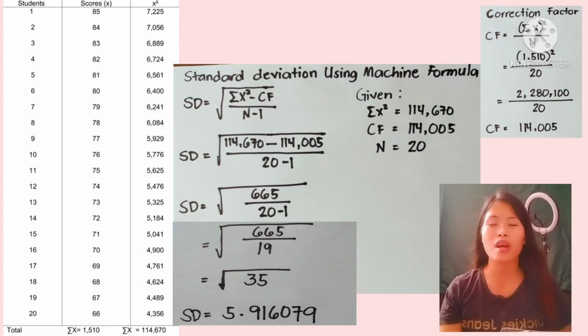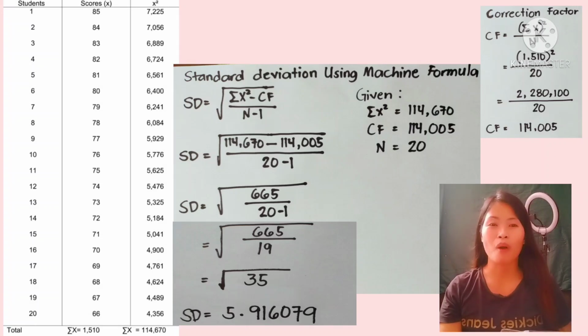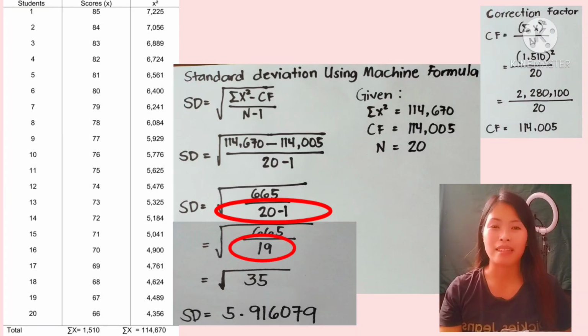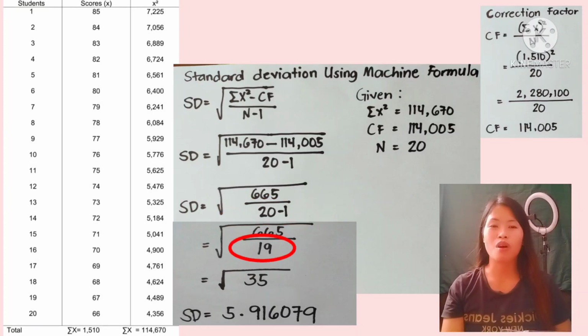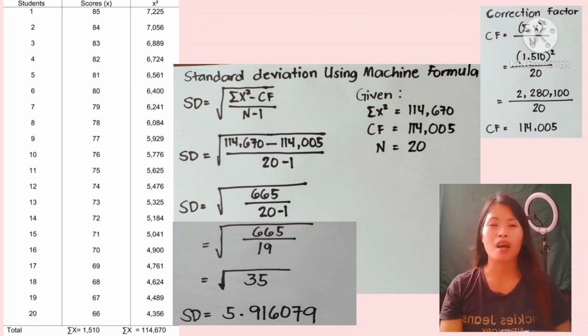So now we have the square root of 665 divided by 20 minus 1. Next, we need to subtract 1 from our number of cases. 20 minus 1 is equal to 19. So now we have the square root of 665 divided by 19. First, we need to divide.